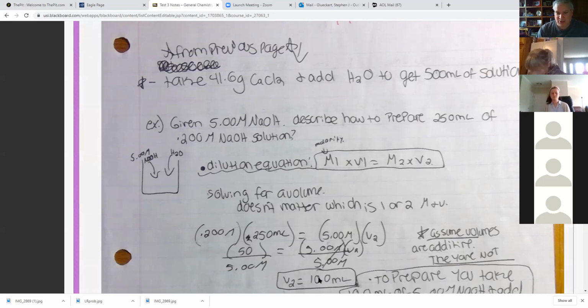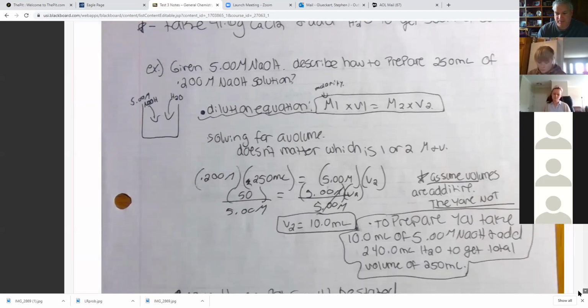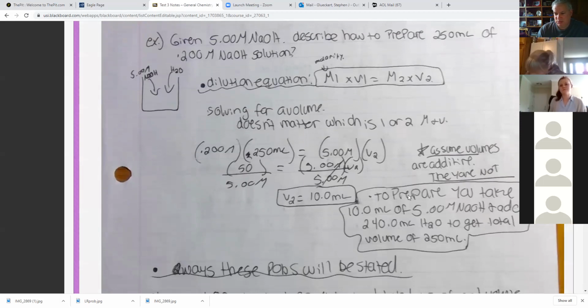It means you need 10 milliliters of your 5 molar NaOH, and then the rest is water. To prepare that, you take 10 milliliters of 5 molar NaOH and add in 240 milliliters of water to get a total final volume of 250 milliliters. At least that's how we're going to do things.